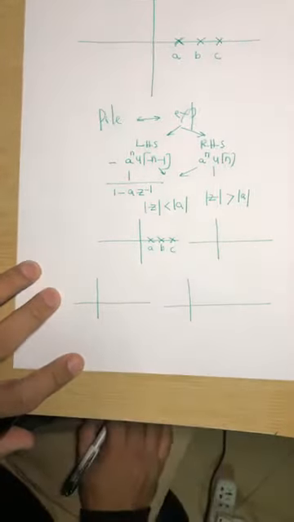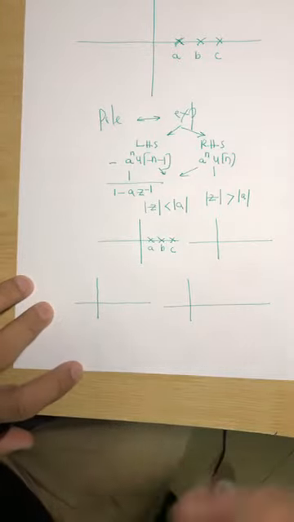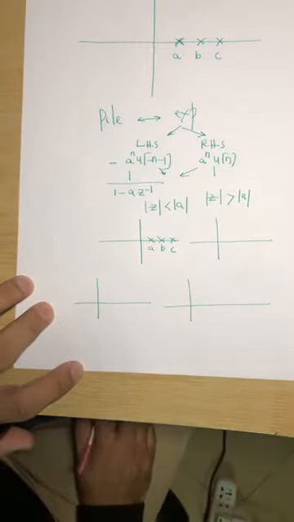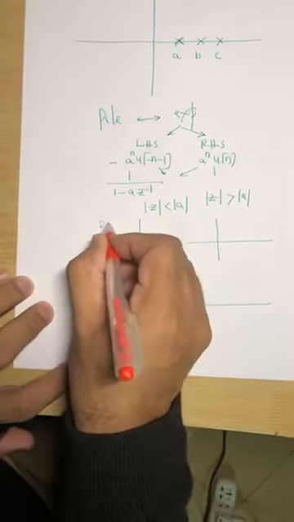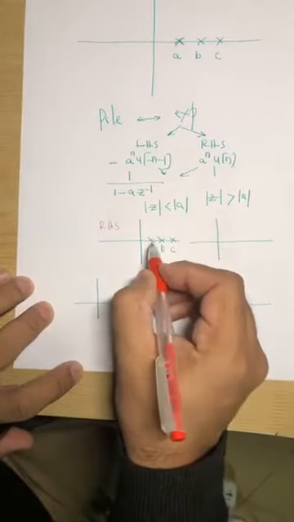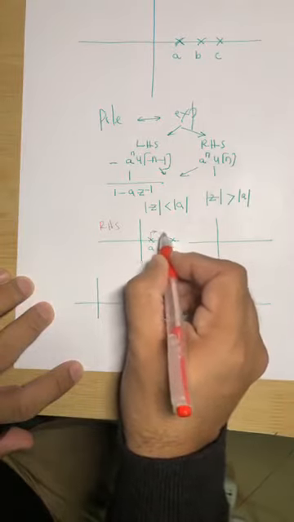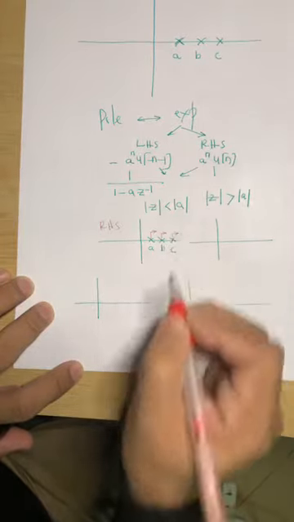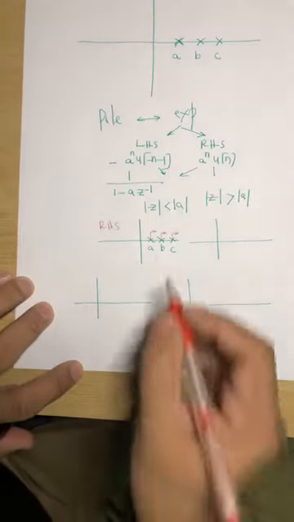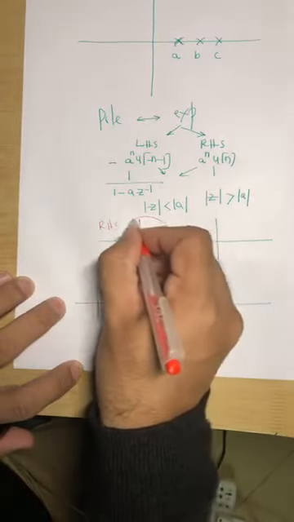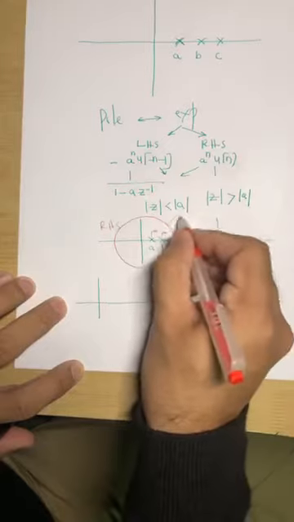If all these 3 poles represent right hand side sequences, then what is the region of convergence? All these are right hand side. So we know for a right hand side sequence, the region of convergence is greater than A, greater than B, greater than C. And as we have already established, it is outside the outermost pole. So the region of convergence is going to be this.